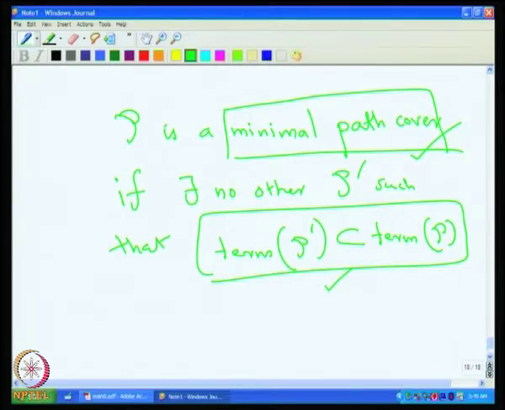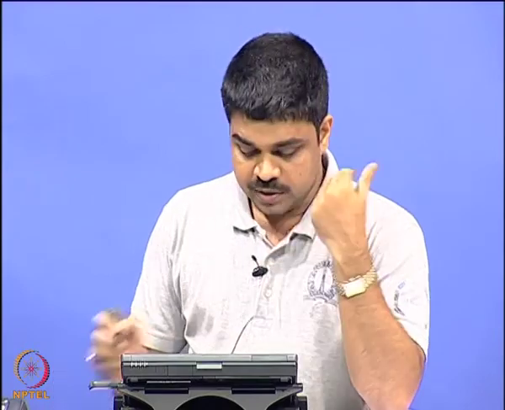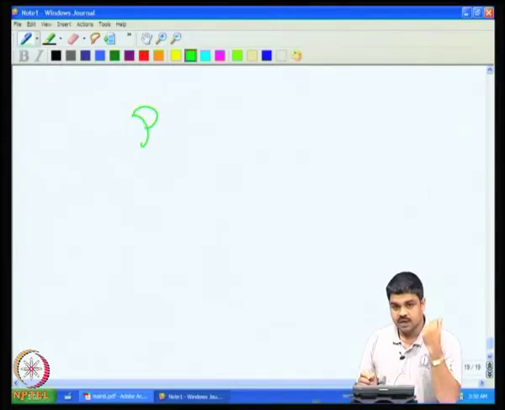This is what we can clearly see. Now let us look at a minimal path cover. So let P be a minimal path cover. I will claim that I can get an independent set in such a way that every path in this path cover has a representative from the independent set.